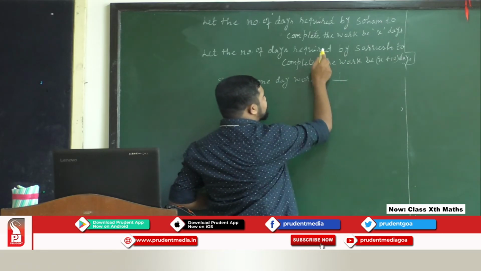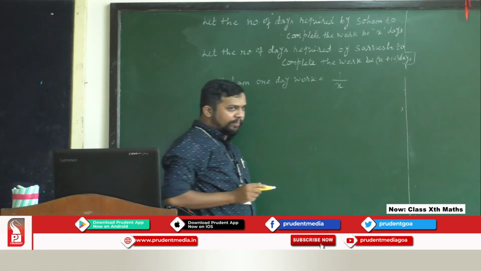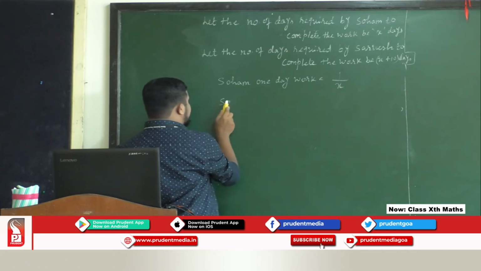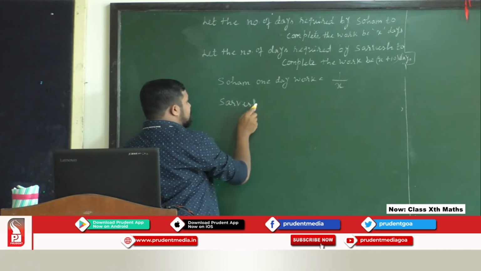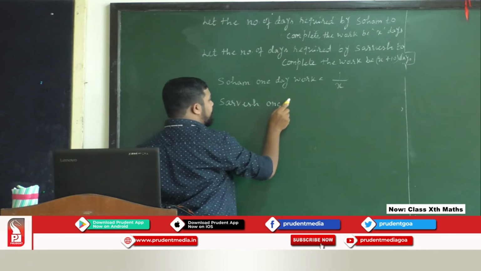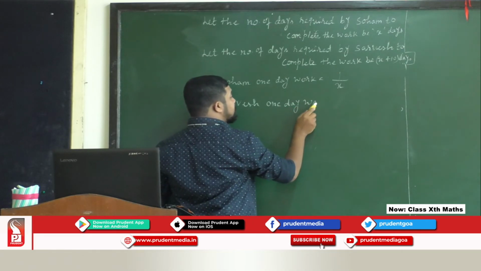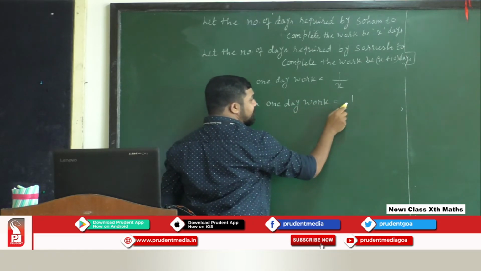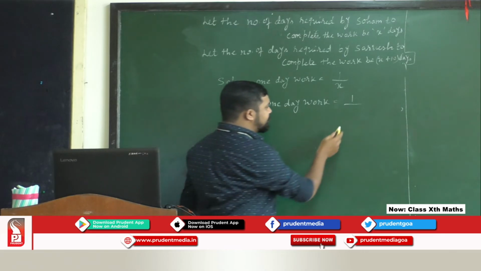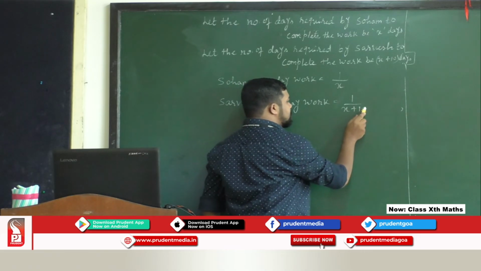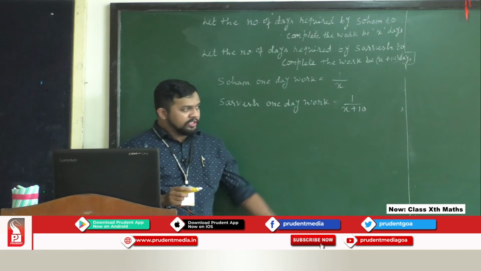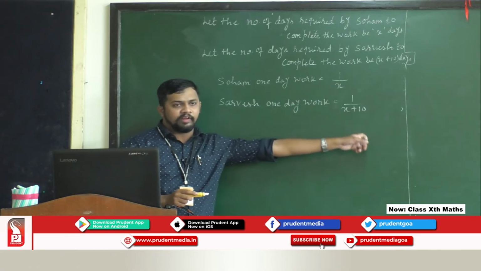And number of days of Soham is what? X. So it is 1 upon x. Same way Sarvesh 1 day work. Entire work is 1. Sarvesh is taking how much? X plus 10. So 1 day work will be, Soham is 1 by x. Same way 1 day work will be 1 by x plus 10.